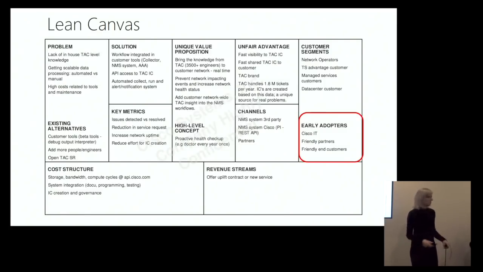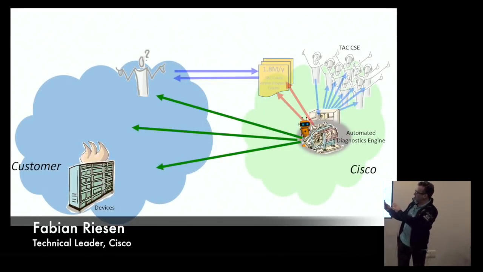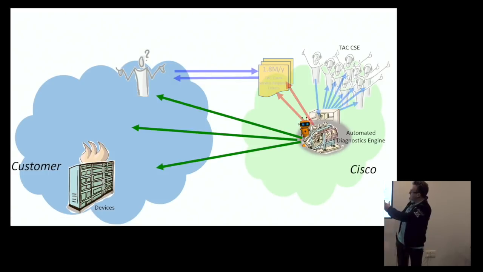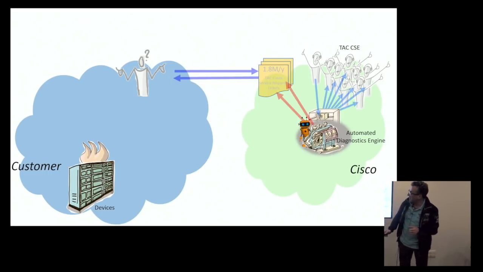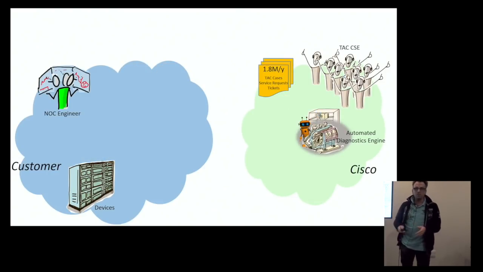And now Fabi will take you to the nitty-gritty details of how we designed the whole thing. As you saw, this is the way we bring that automated diagnostic engine to the customer. So let's start again a bit. We do have networks. We do have network operators. I mean, network operator is a very old term, but basically the guys taking care of the IT infrastructure.